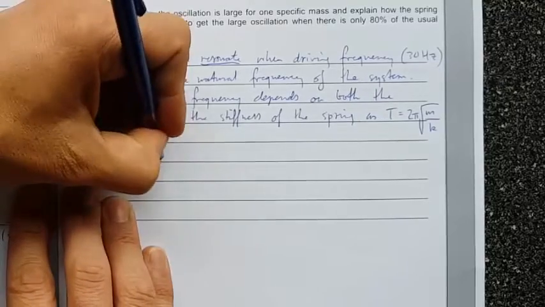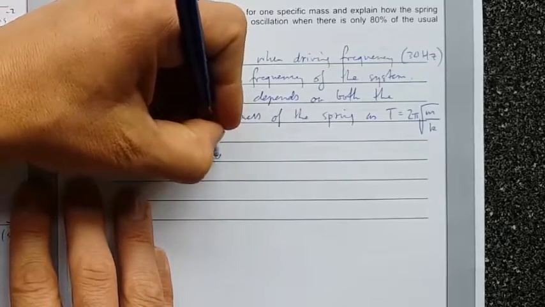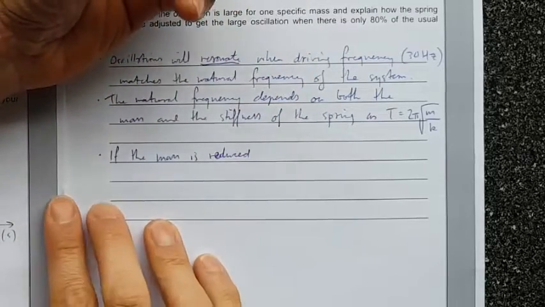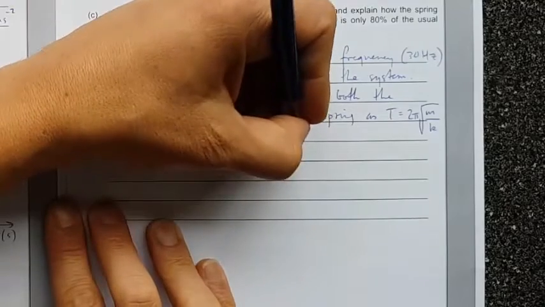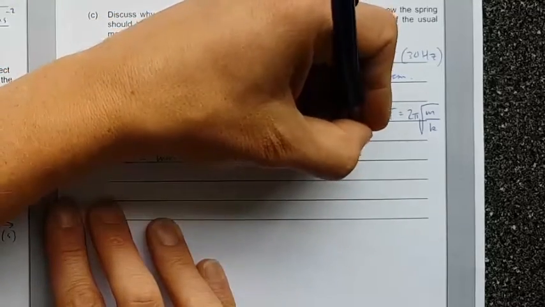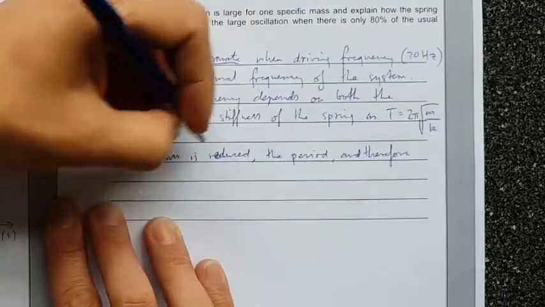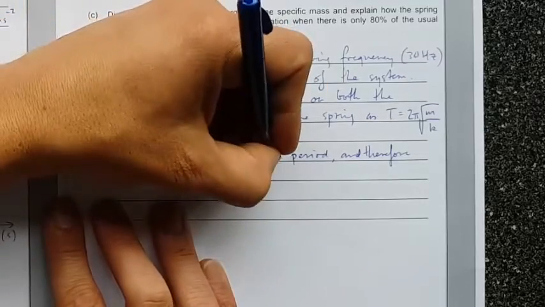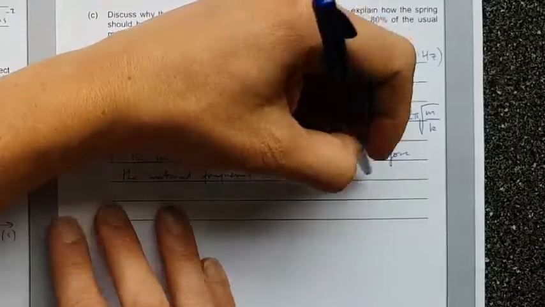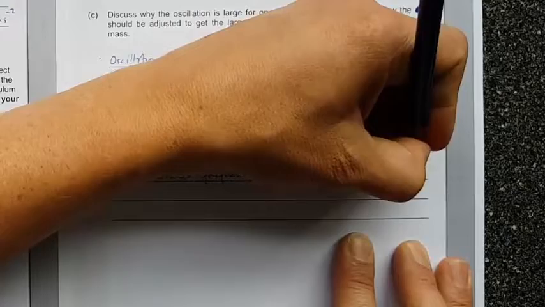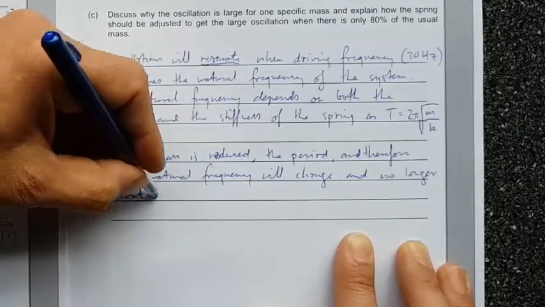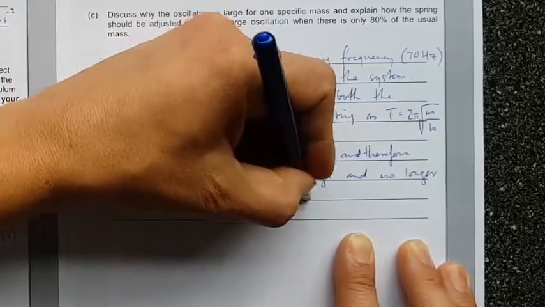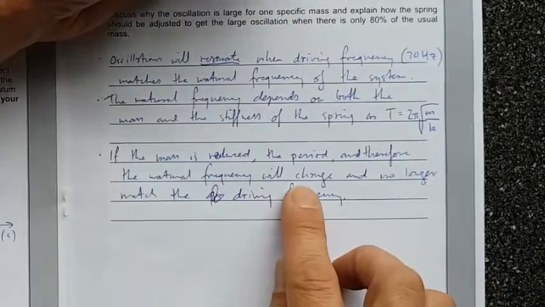If the mass is reduced, the period will change, and therefore the natural frequency will change and no longer match the frequency, the driving frequency. Maybe we should be more specific than saying that change.